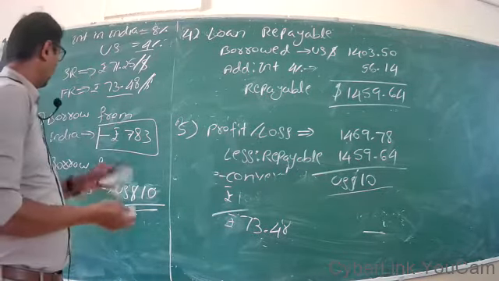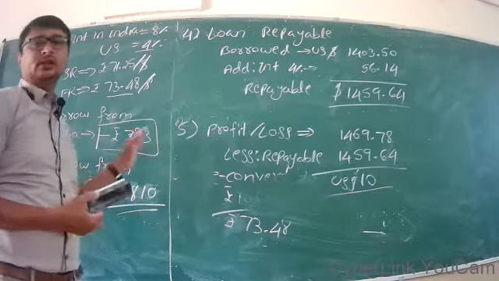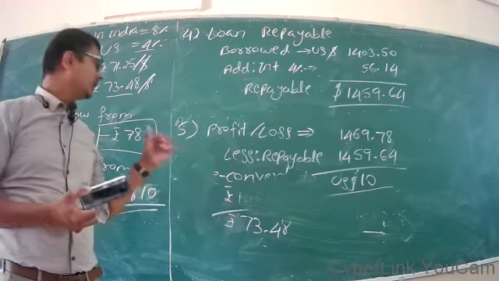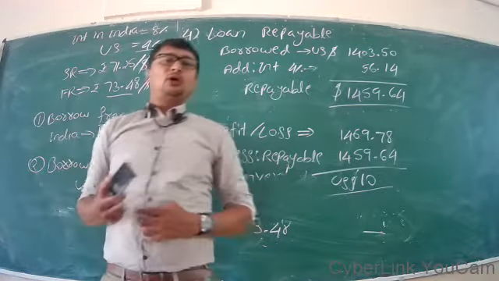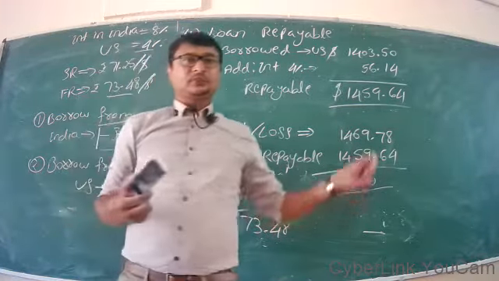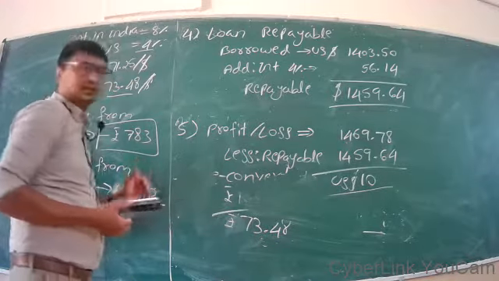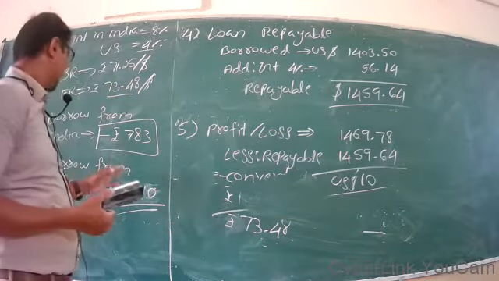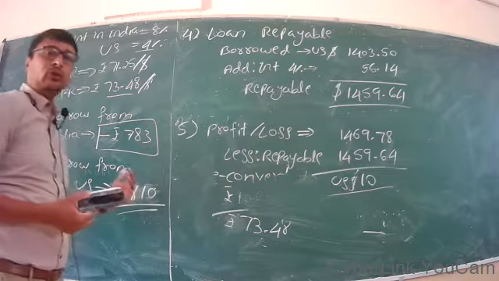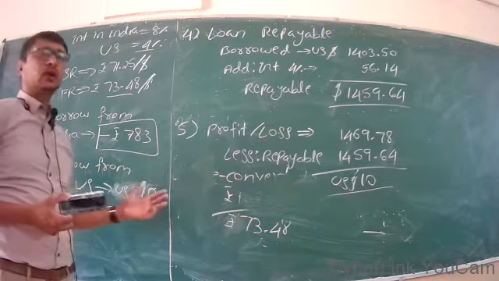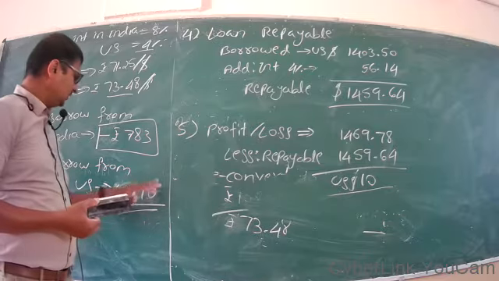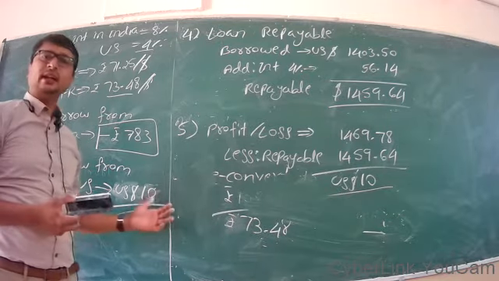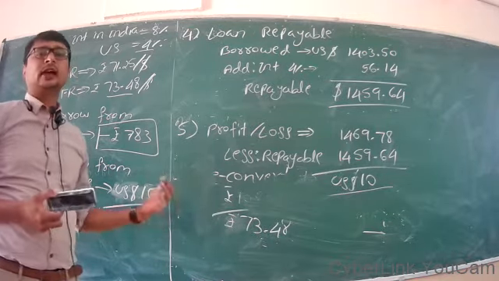So if you borrow from India, you have lost rupees 783. But if you compare this with the borrowed money, that is 1 lakh, 783 is a very negligible amount. And if you borrow from US bank, that is 1403.50, you have earned $10 after 1 year. That is also not a significant amount.